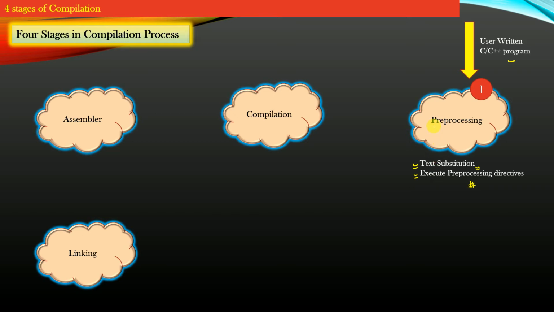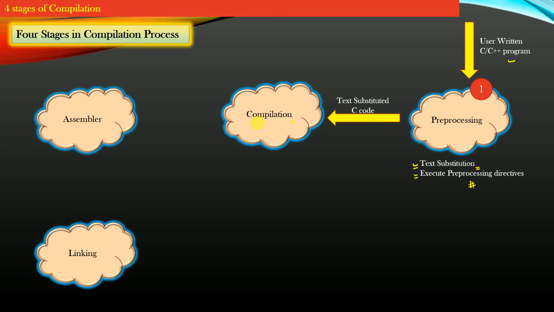Then once the pre-processing of the program is done, the resultant program is fed to another component of the compiler, which is actually called the compiler. Note that technically speaking, compilation is the second stage of the compilation process. In our day-to-day life, we usually call all these 4 stages collectively compilation, but technically, compilation is the second stage.